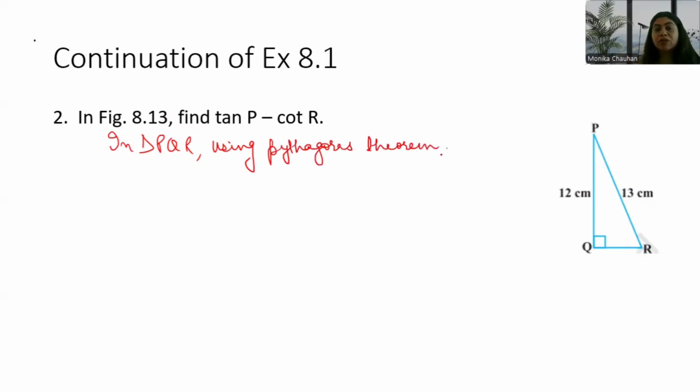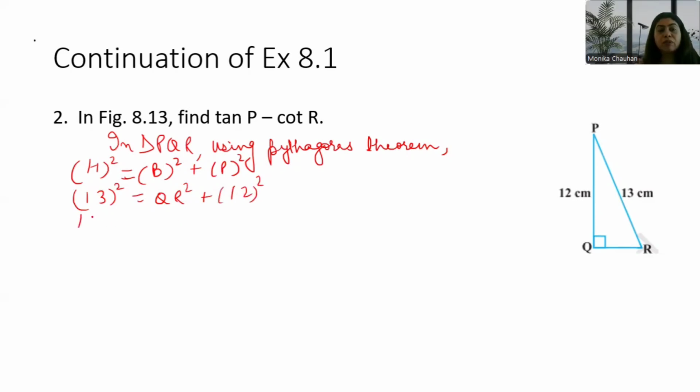in this Pythagoras theorem, as you know, it is hypotenuse square. It is always best that you write the formula. What is Pythagoras theorem? Hypotenuse square is equal to base square plus perpendicular square. Now, what is hypotenuse? It's 13 square. Base square, which is QR square, and perpendicular is 12 square.